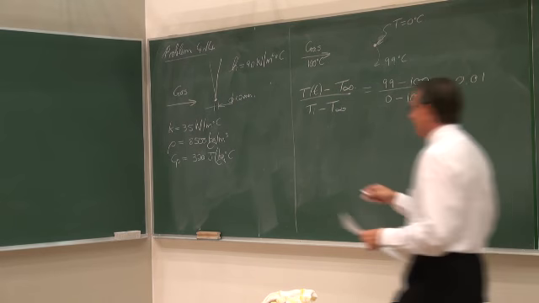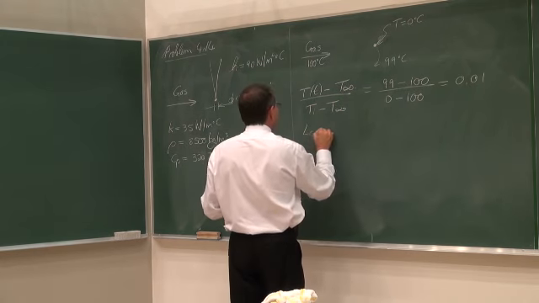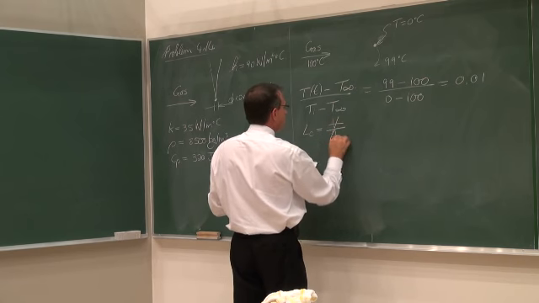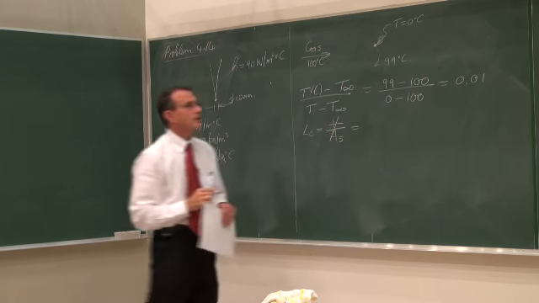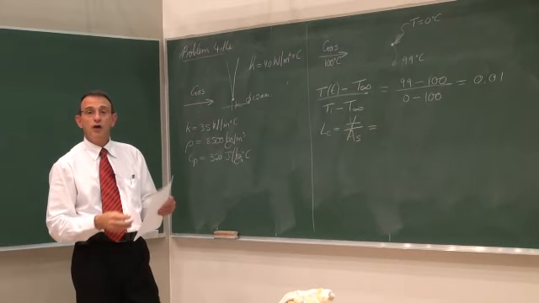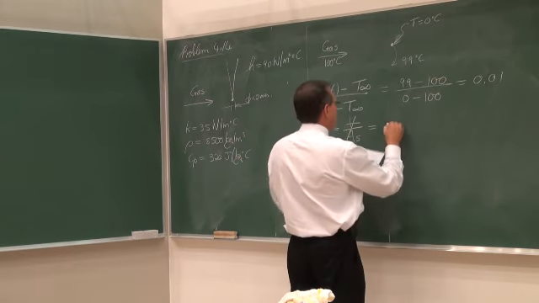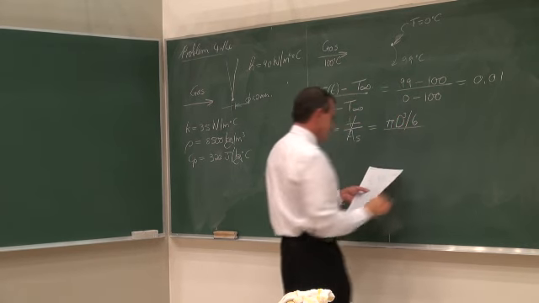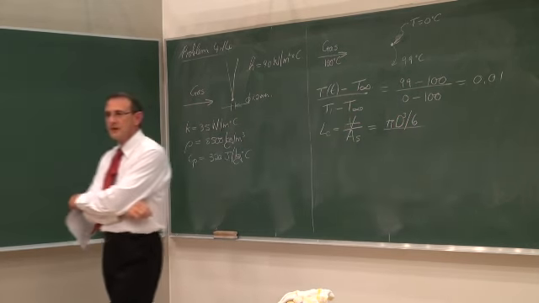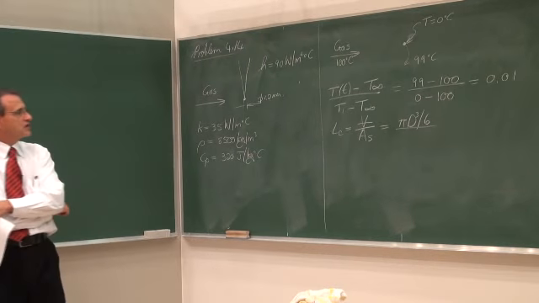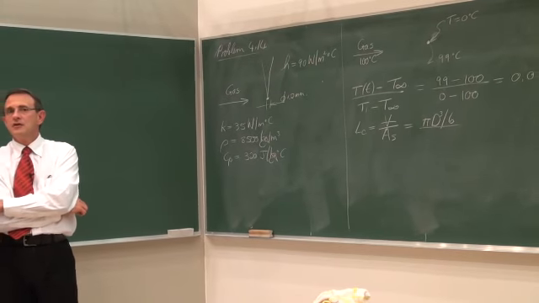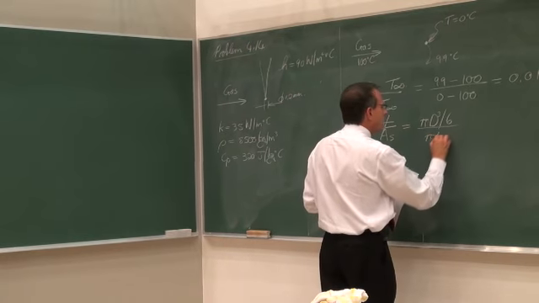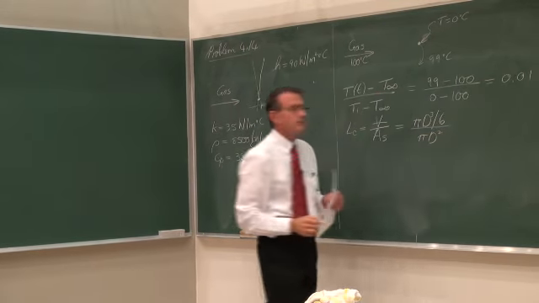Okay, let's calculate the characteristic length of the thermocouple point. It is the volume divided by the surface area. The volume of a sphere is pi multiplied by the diameter cubed divided by 6. The surface area of a sphere is equal to pi d squared.